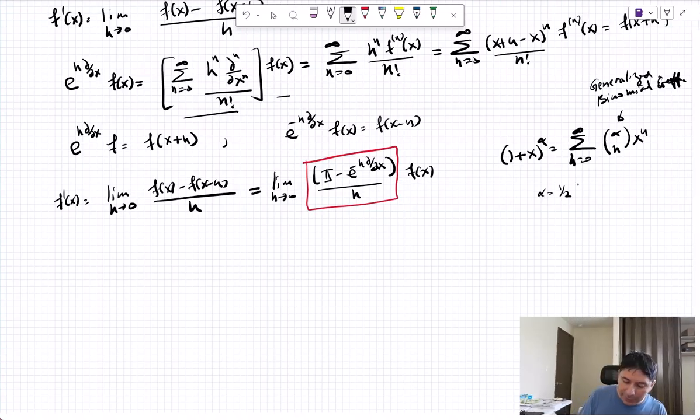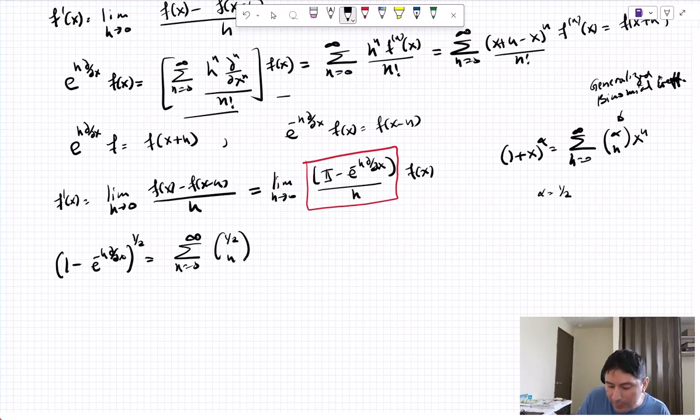If we do that, then (1 minus e to the minus h d/dx) to the 1/2 is going to be equal to the sum n equals 0 to infinity of 1/2 choose n, so this is a generalized binomial coefficient, times (minus e to the minus h d/dx) to the n.